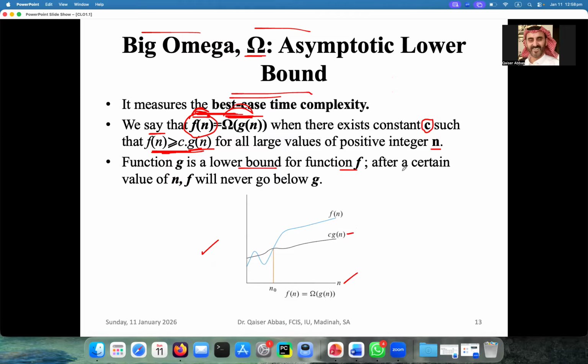After a certain value of n, when we find some value n0, f will never go below g of n. This is written here in a graphical way, and this is written in words, theoretically, nothing else.